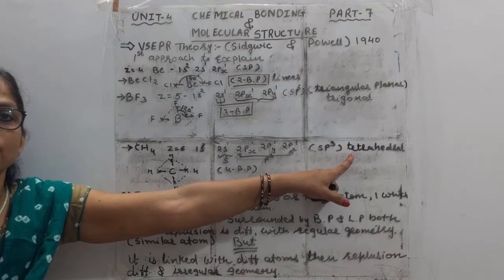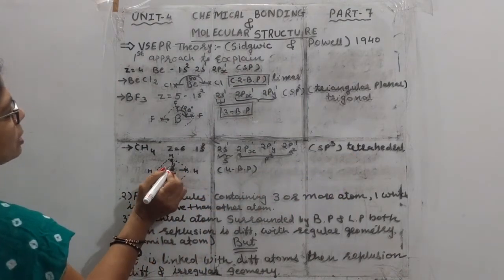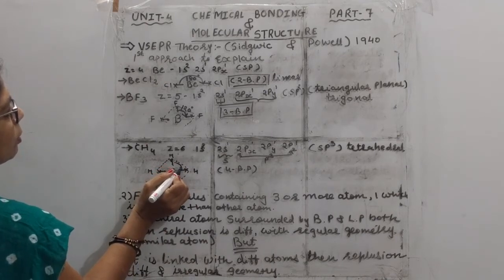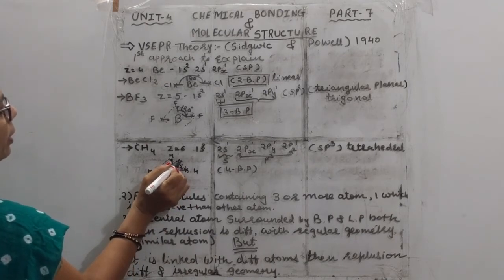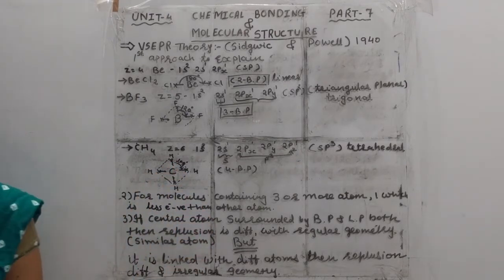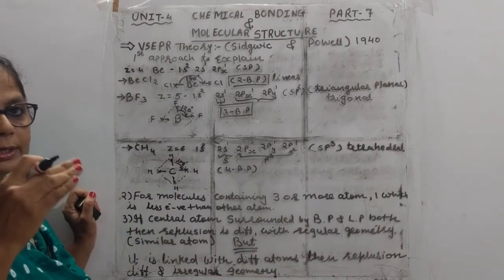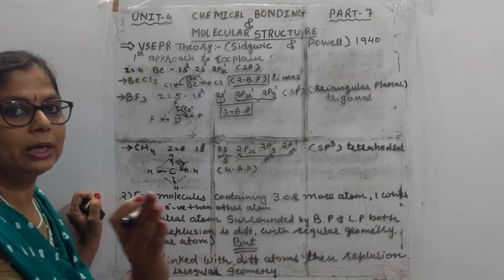Now we'll think about the bond angle. The bond angle between these is 109 degrees, student. So the bond angle is 109 degrees, which means it is less than 120 degrees.